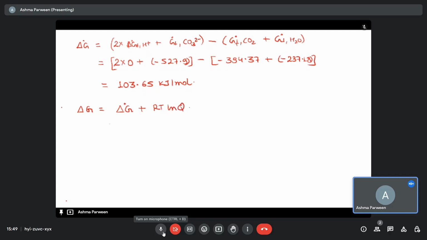Q will be the reaction quotient, so delta G naught plus RT ln of the activity of H plus, and it was given in the question that the activity coefficient is 1. So activity will be equal to the concentration, times CO3 upon CO2.